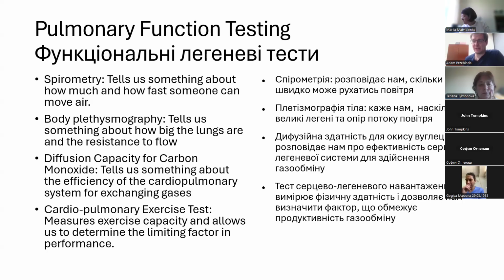There's other pulmonary function testing, including diffusion capacity for carbon monoxide, or DLCO. And this is a confusing one as well, but it tells us a little bit about the efficiency of the cardiopulmonary system for exchanging gases.